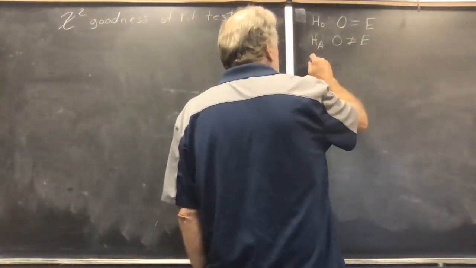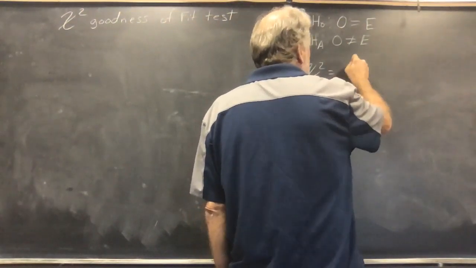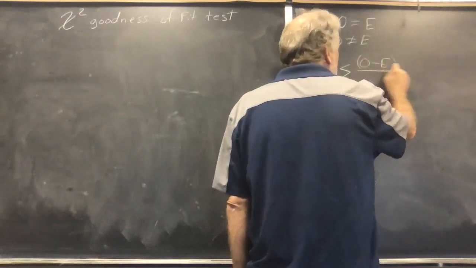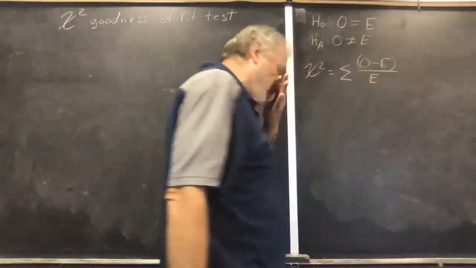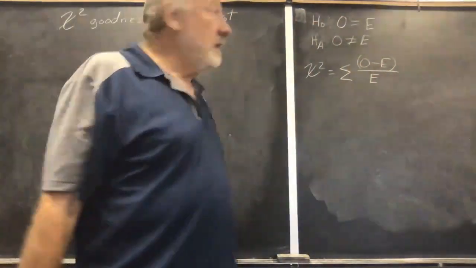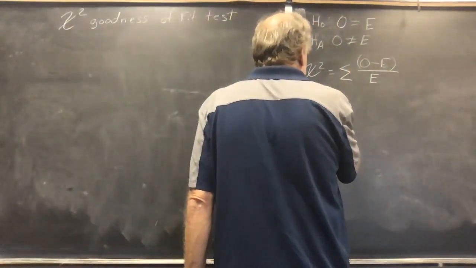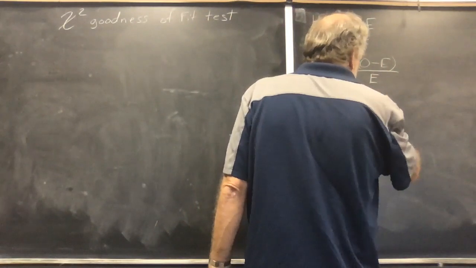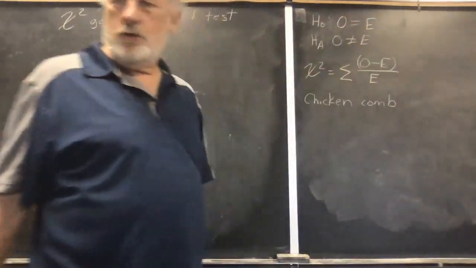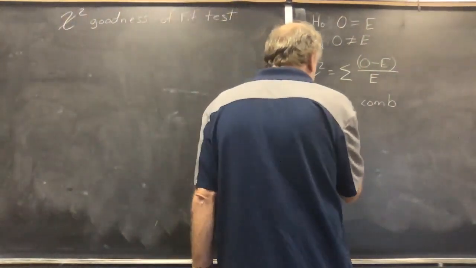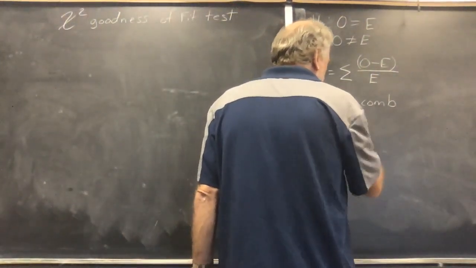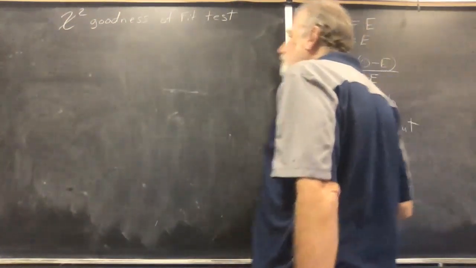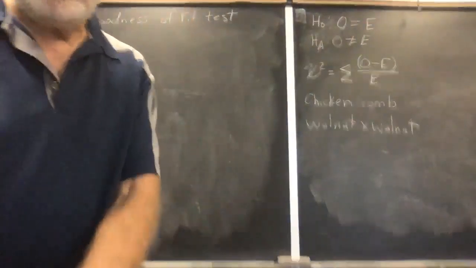Remember our chi-square formula: the summation of the observed minus the expected, squared, divided by the expected. This example will utilize the comb shape, or morphology, of chickens. So for chicken combs, we could cross 2 individuals with walnut combs and see our phenotypic data.